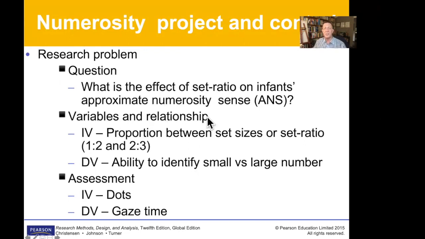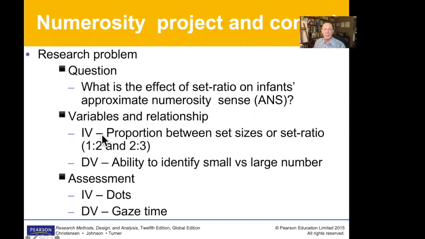The independent variable in this project was the proportion between set sizes, or set ratio, which was 1 to 2 or 2 to 3. The dependent variable is the ability to identify small versus large number of dots, events, or objects, or what have you.